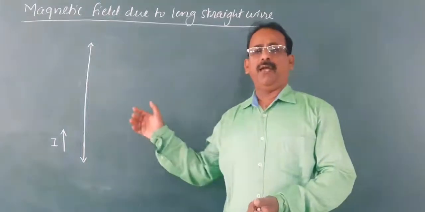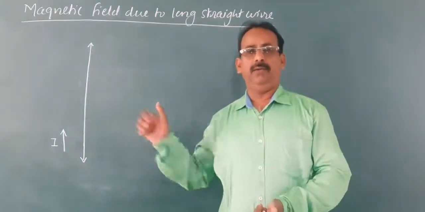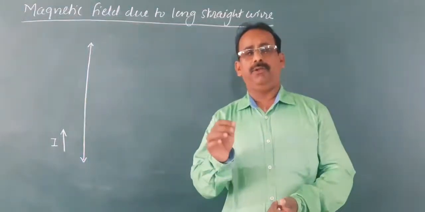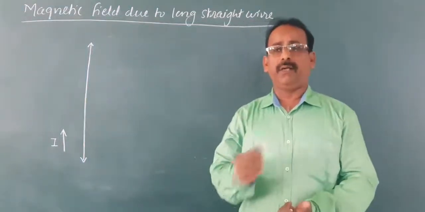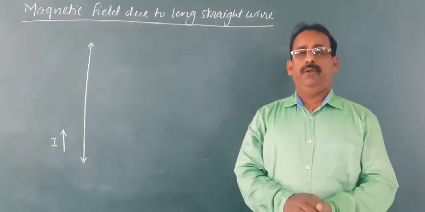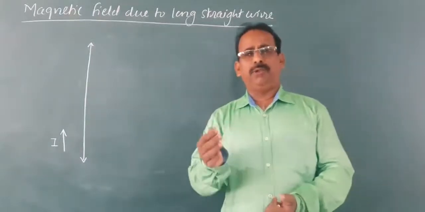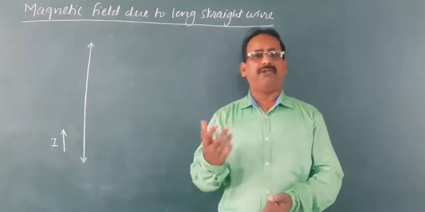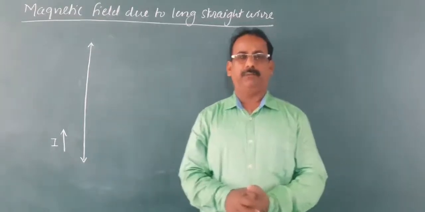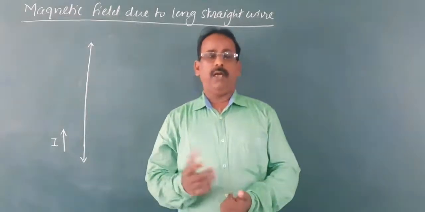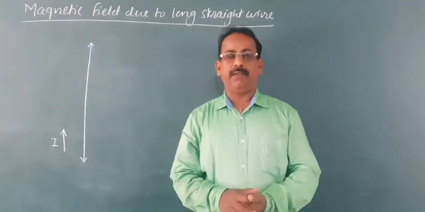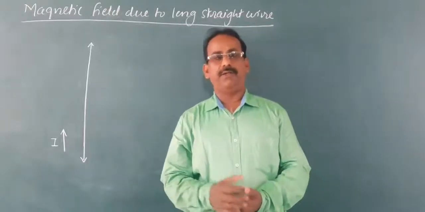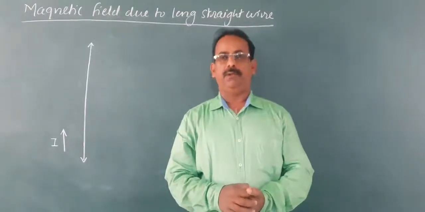You get magnetic lines of force circular. Remember that magnetic lines of force produced by a straight wire come circular. The tangent drawn to these magnetic lines of force at some point will represent the direction of magnetic field at that point.